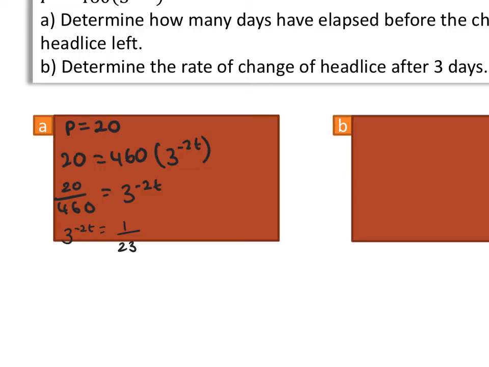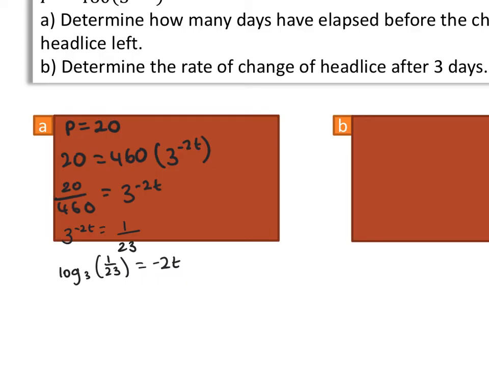How do I now find out what t is? I log both sides. Okay, I can rewrite this as a log to the base 3. So log to the base 3 of 1 over 23 equals minus 2t.